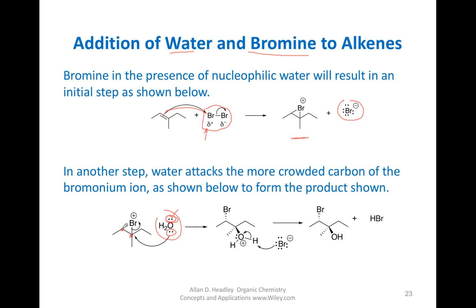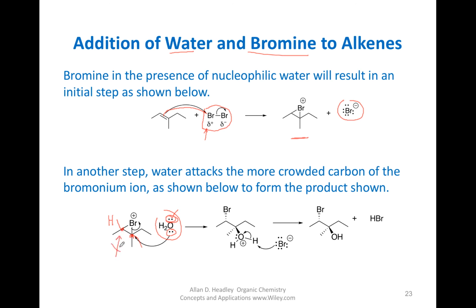Here's the trick. It will attack the carbon that's most crowded. In other words, here is a hydrogen, which is not written in, and here is an alkyl group and a carbon. So it attacks this carbon because it is most crowded, and not this carbon.